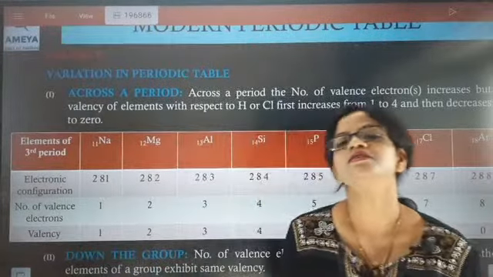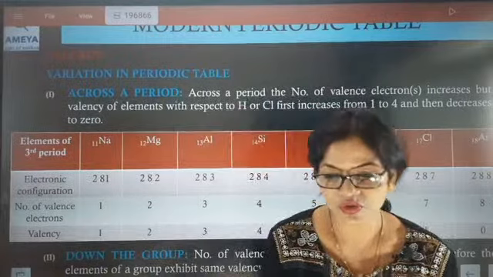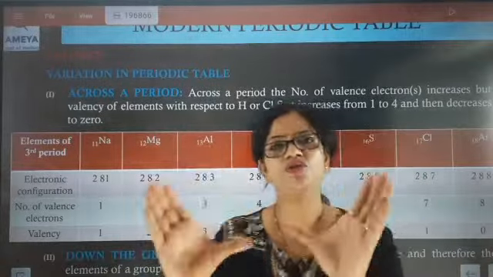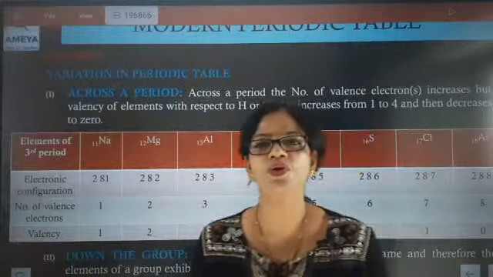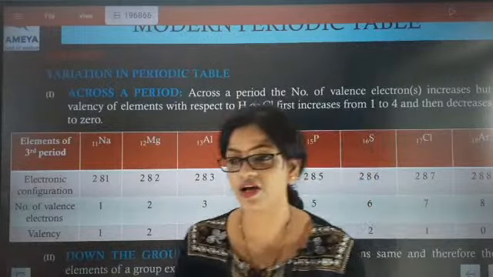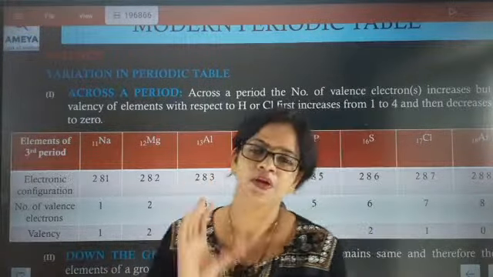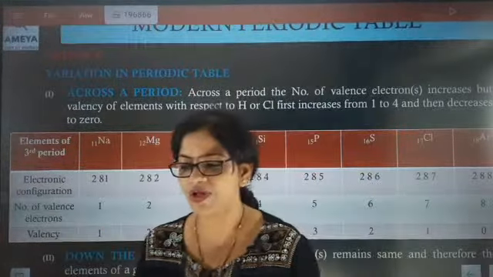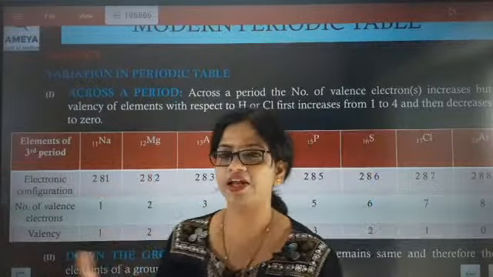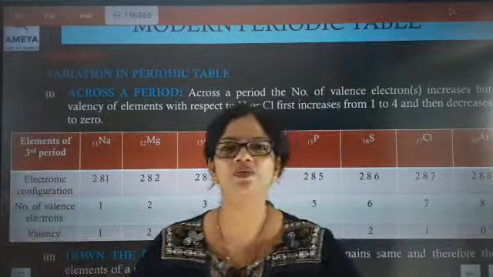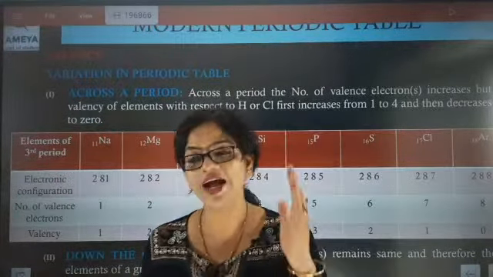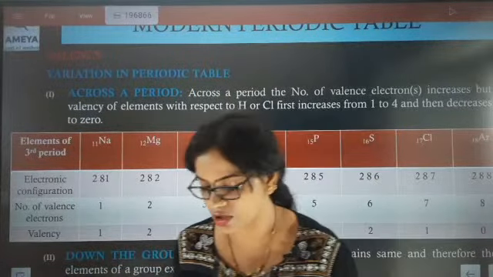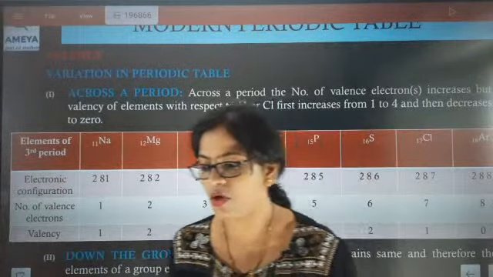The correct answer is true, and you know the reason: when we are going down in a group, the addition of new orbits will be there, and due to the addition of new orbits, first, the screening or shielding effect will be there. Nuclear charge will be increasing, but taking out an electron from the outermost orbit will be easy. The electron cloud will expand when going from top to bottom. So 100% atomic radius increases down the group. This statement is absolutely true. Well done, both of you.